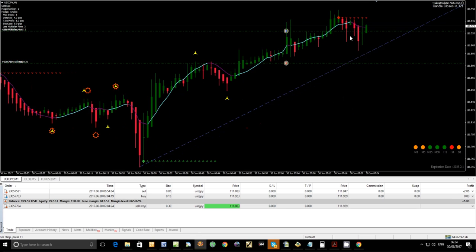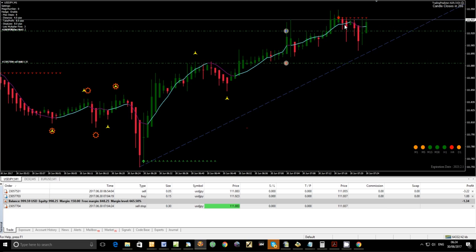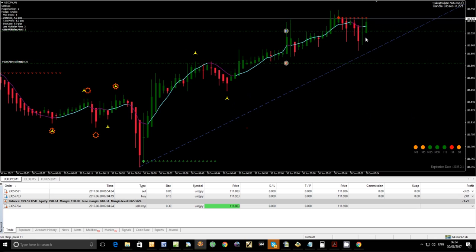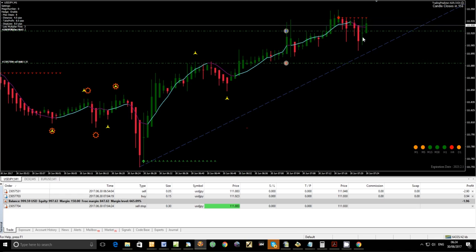Now this looks like we've got a significant kind of stop here, but what I would do at this point is jump to the M5 to see how it looks, and you'll find, in fact, that this blue line here is flashing on, which means that it's still going, and this candle here with the very small body on it means that it's not actually going to come down. It's just temporary. It's going to start going up again.